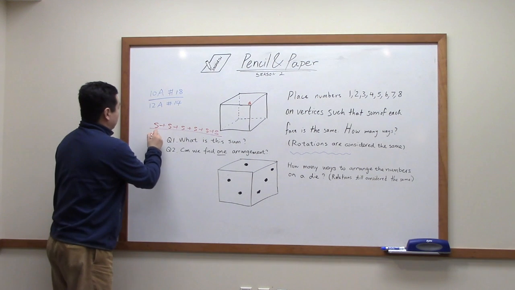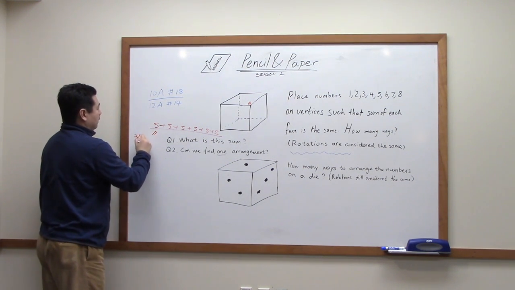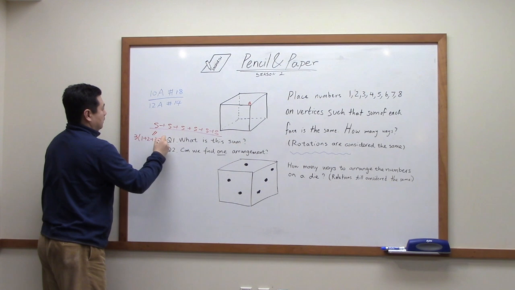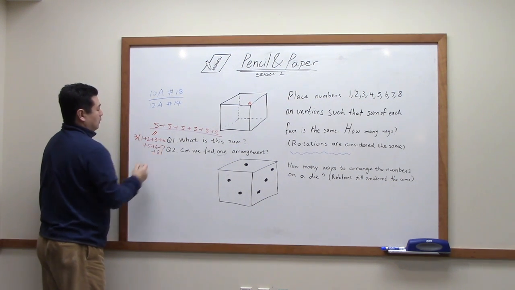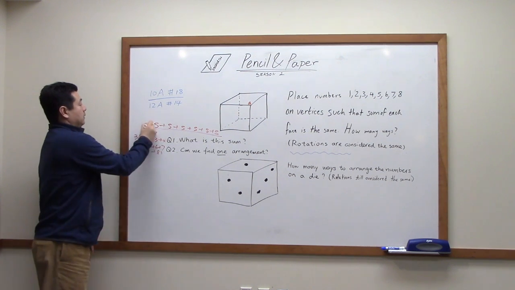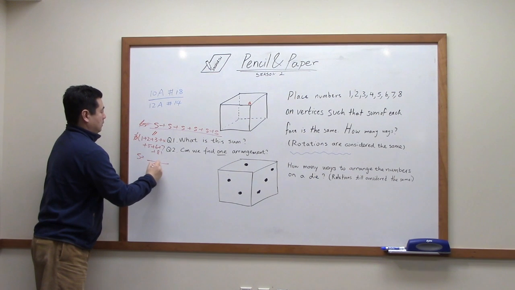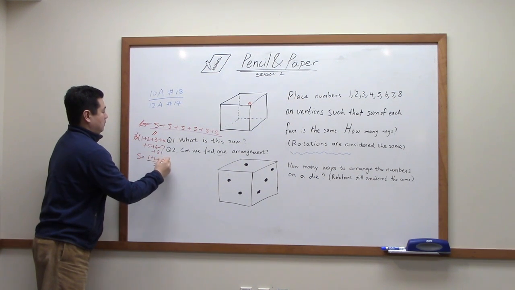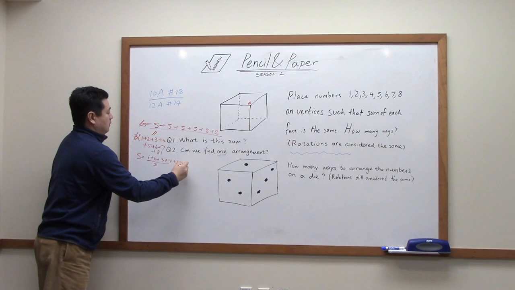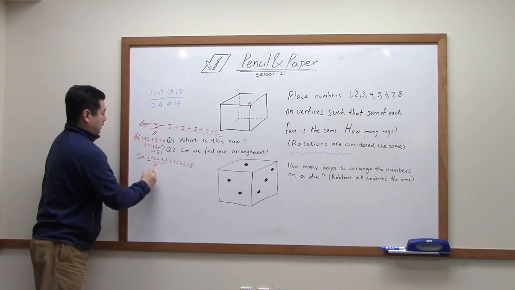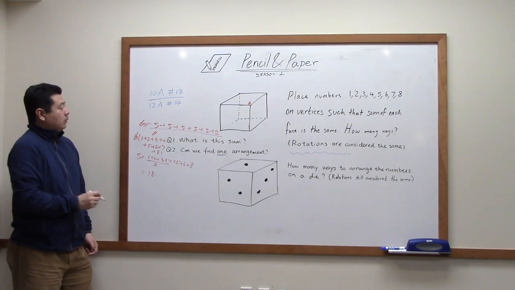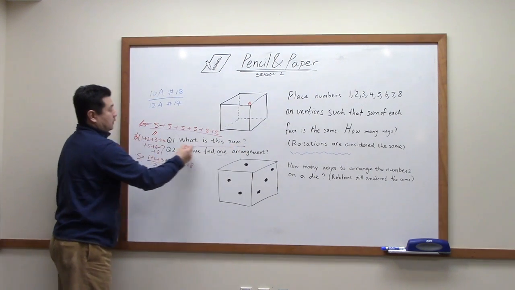So that means this sum should equal to 3 times the total, and that's 18. So we know the sum must be 18.